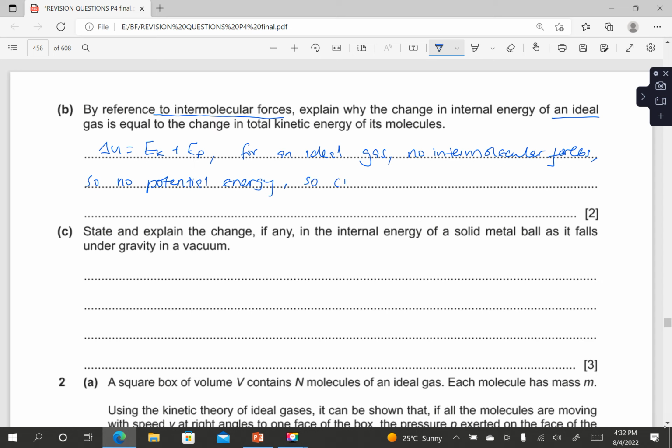So the change in kinetic energy is directly proportional to change in internal energy.